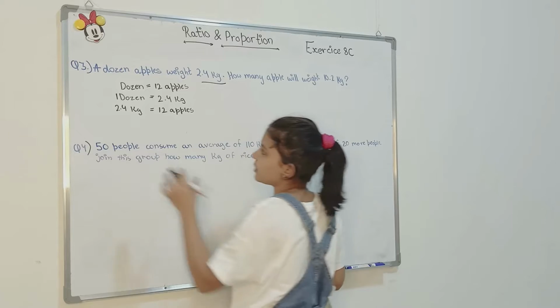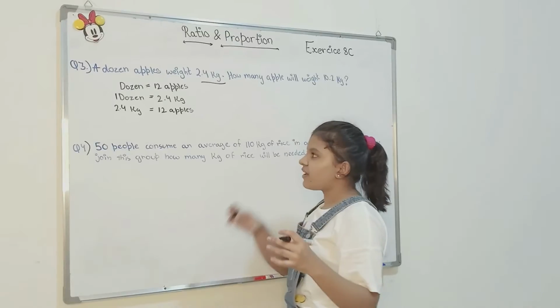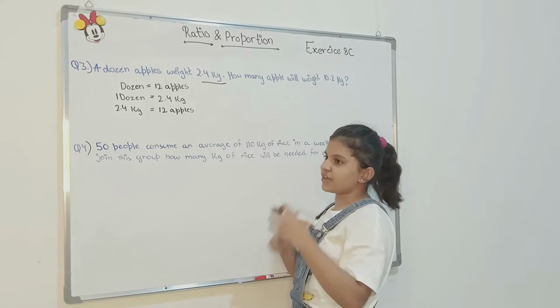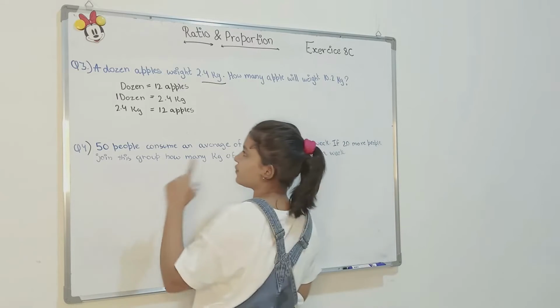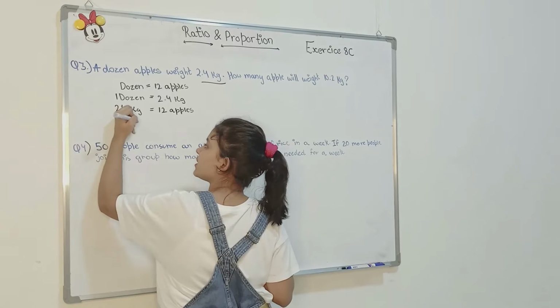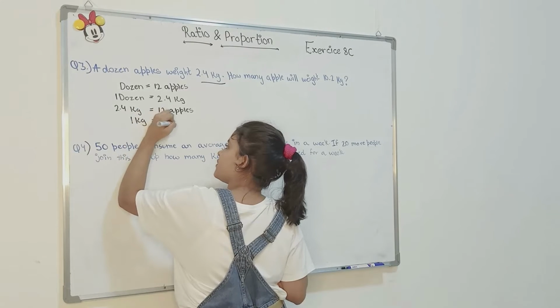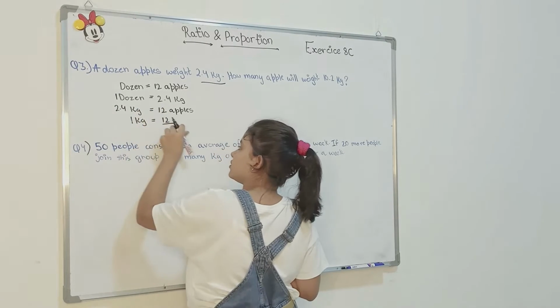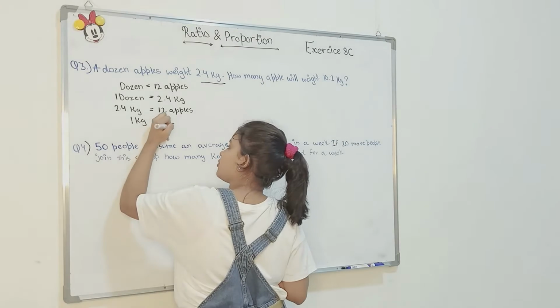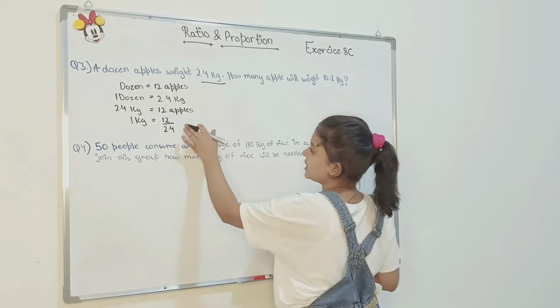So if 12 apples weigh 2.4 kgs, then we have to first find for 1 apple, for 1 kg. So 1 kg is equal to 12 divided by 2.4. So here first we'll keep it like this.